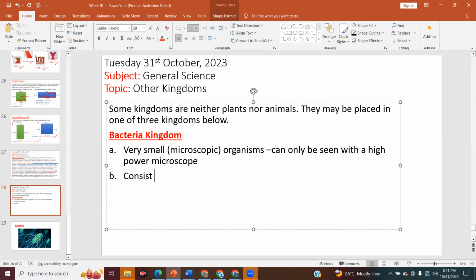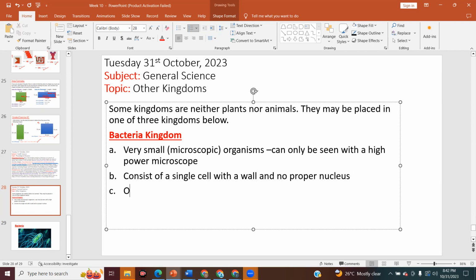They consist of a single cell, with a wall and no proper nucleus. A nucleus is basically the brain of a cell. But the bacteria is a single cell organism and doesn't have a proper nucleus.